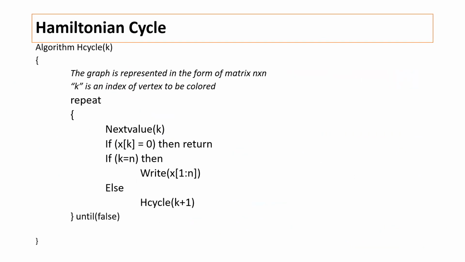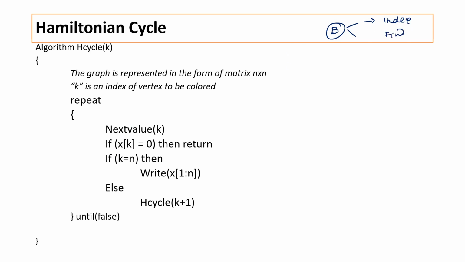Now let us try to understand the algorithm. As it is a backtracking concept, every backtracking algorithm will be of two parts. One is basically passing the value of an index, and two is finding the value for the index.